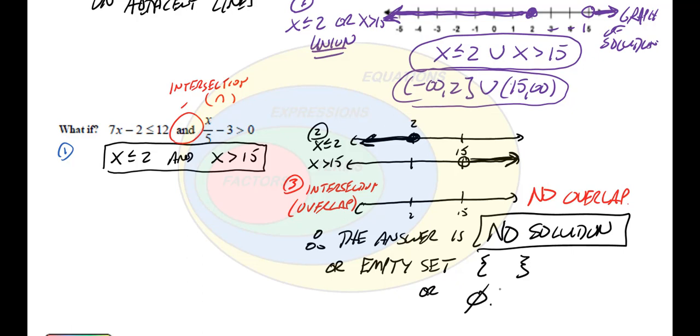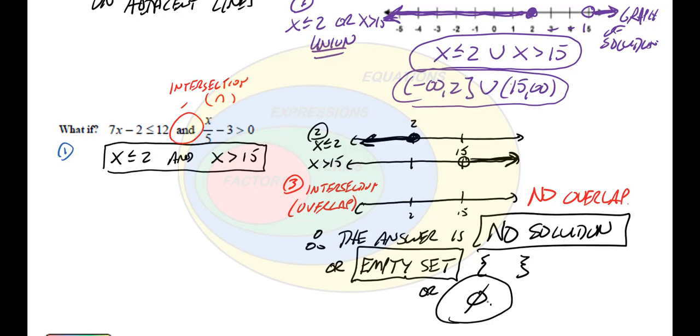So if you say no solution, that's okay. If you say the empty set and you use the brackets or the circle with the line through it, that's okay to represent your answers.